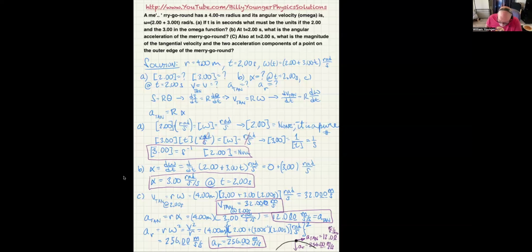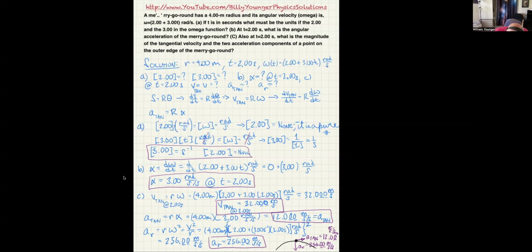And in fact, if you wanted to find the angle downward that the sum of the two vectors is, you could just do the inverse tangent. So I'm going to type in tangent inverse of the A sub R, which is 256, divided by the A sub tan, which is 12. And that gives me 87.3 degrees.